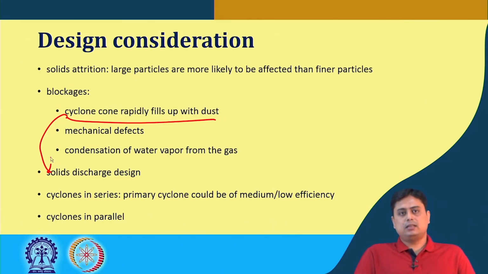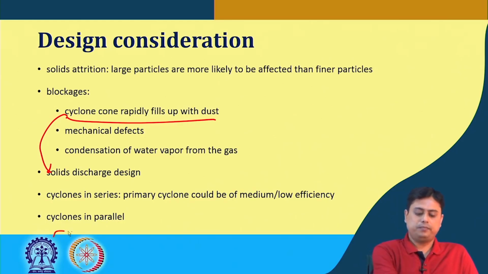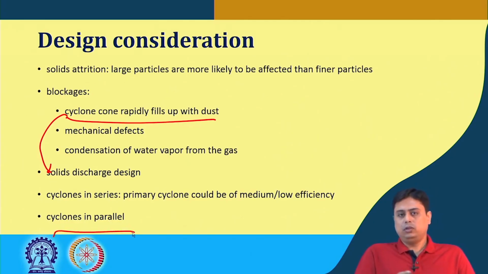We have discussed cyclones in parallel, and how we can effectively use such a configuration to reduce the cut size, and to reduce the flow rate if it is evenly distributed. The cyclones also can be used in series, one after another.